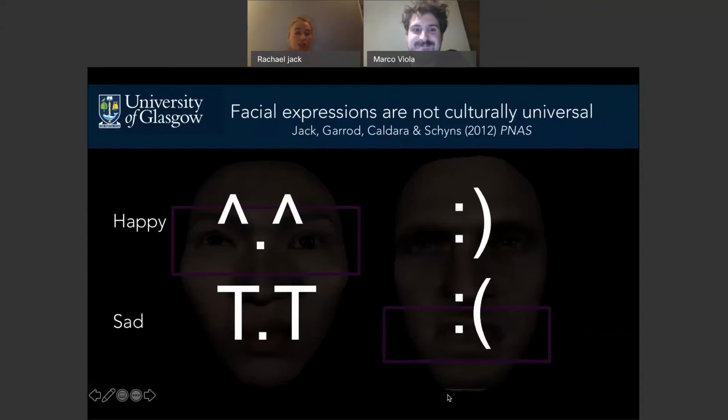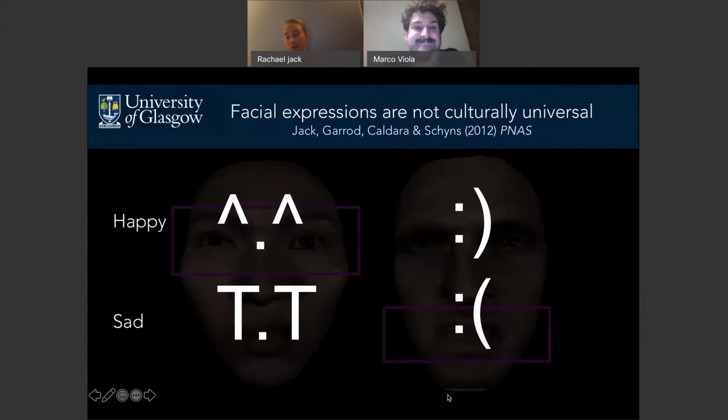So you can see here, these are emoticons for happy in the top row and sad in the bottom row. And so what you'll see here for the East Asian emoticons is that the mouth is minimized and it's the eyes that are expressive. That's what the change in these emoticons is, that they change the eyes. And that is what we found in the facial expression models, that the eyes were more expressively variant.